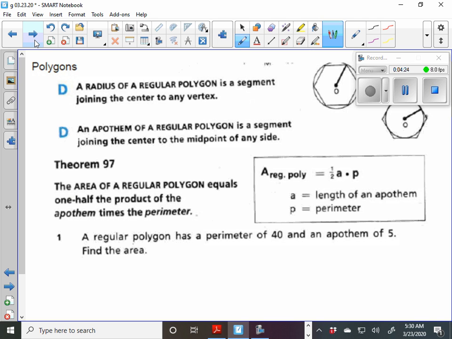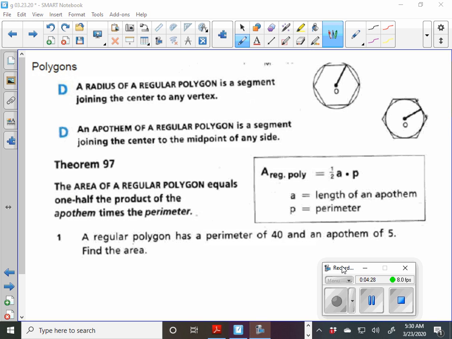All right, so the polygons, by definition here, a radius of a regular polygon is a segment joining the center to any vertex. We've talked about that. From the center to the vertex, that's the radius.